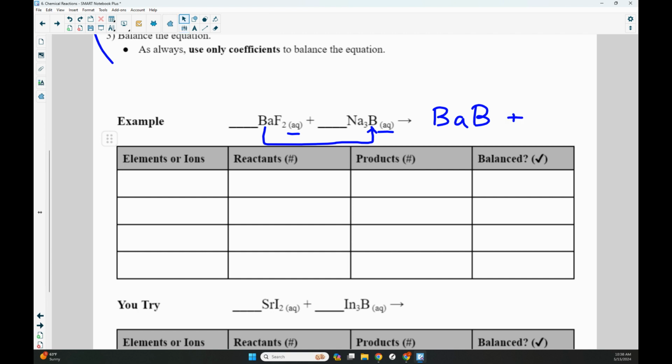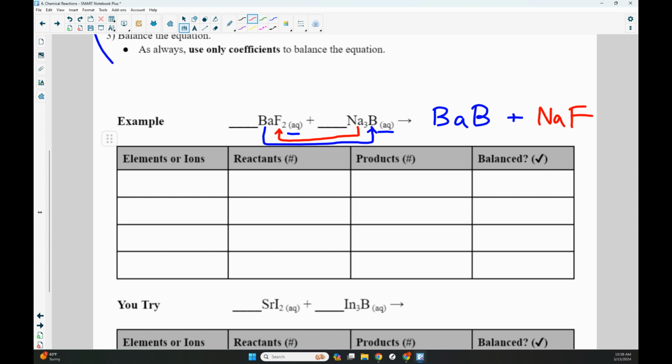And we're going to combine these inside ions, and we're going to have sodium pairing up with fluoride. You'll notice I put arrows in there. That indicates which ion is going to be written first. We always want to write the cation first, and that's why I put sodium first there and fluoride second.